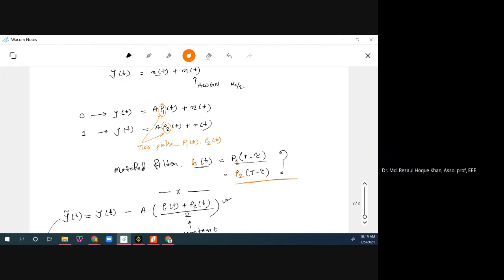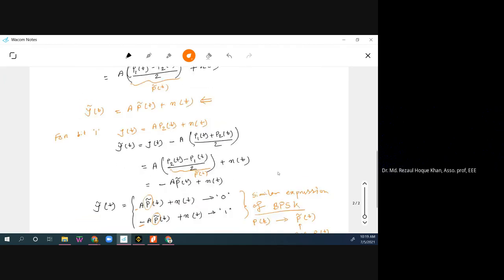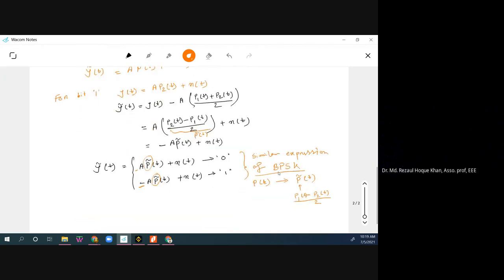But now we get rid of p1 and p2 by having a new expression p tilde. Though p tilde is a combination of p1 and p2, we can have a single expression. So now we can have the new expression for the matched filter.